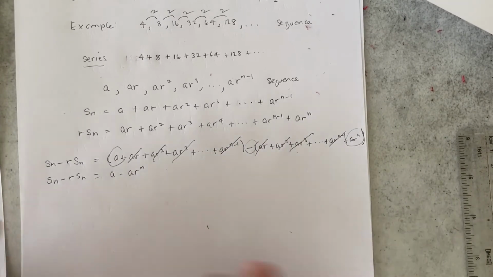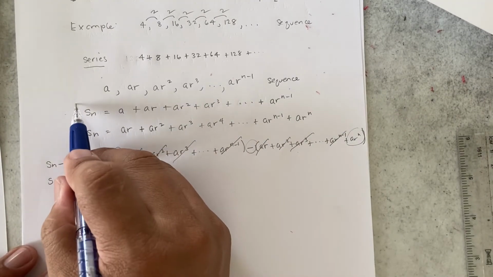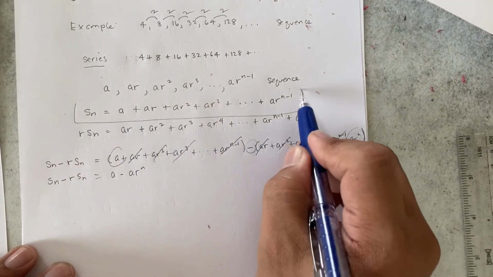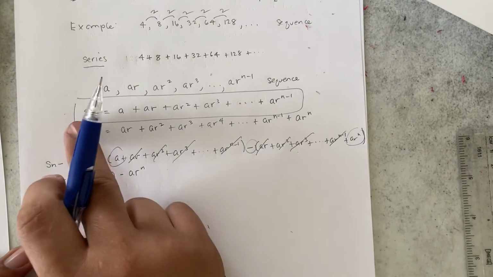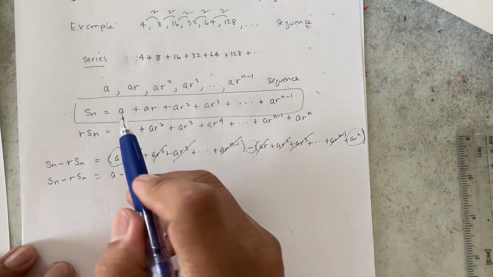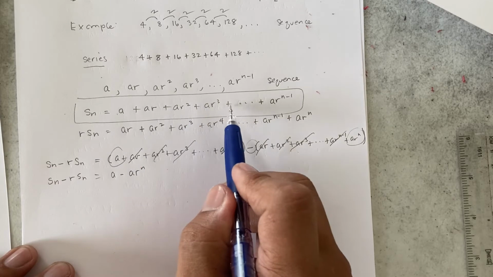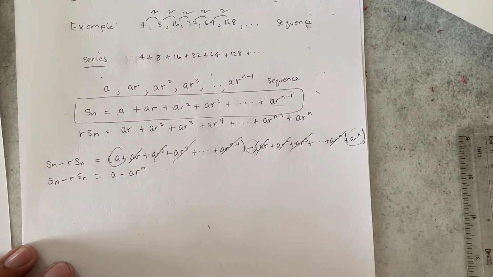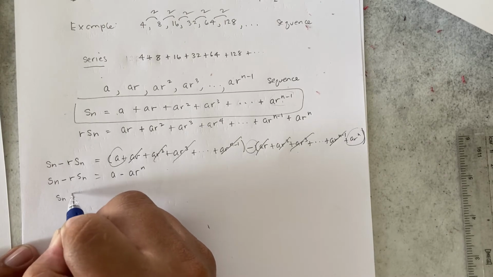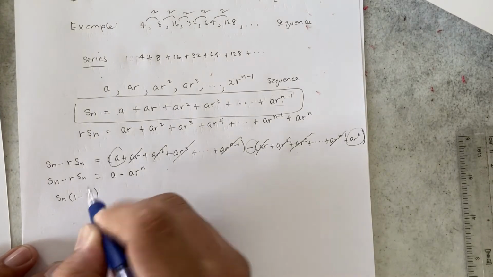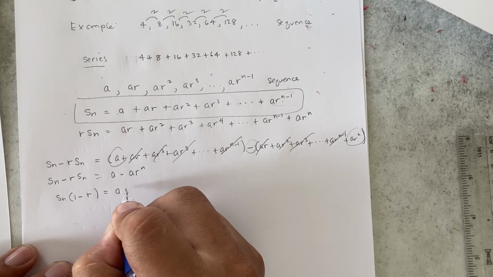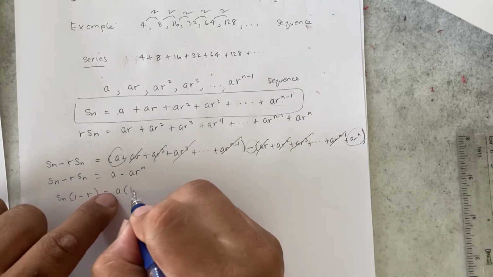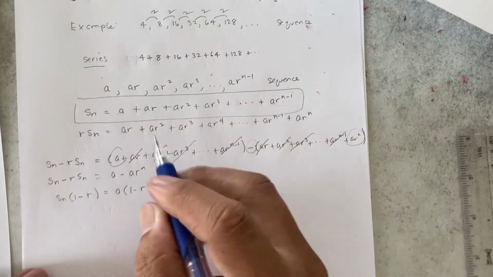From here, remember we defined the sum of the first n terms, 1, 2, 3, 4, 5, all the way to the nth term right here. So now what we're going to do is factor out S sub n: S sub n times 1 minus r equals a, and I'm going to factor out the a, 1 minus r to the n.